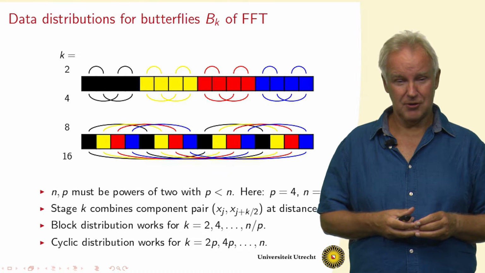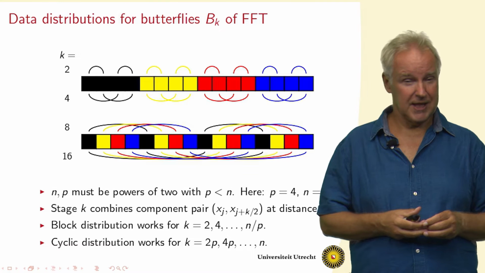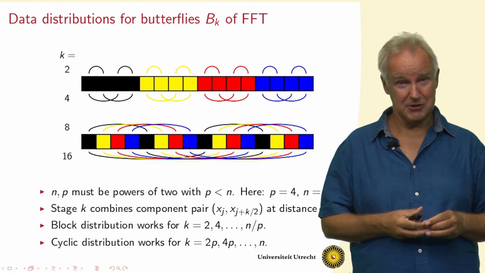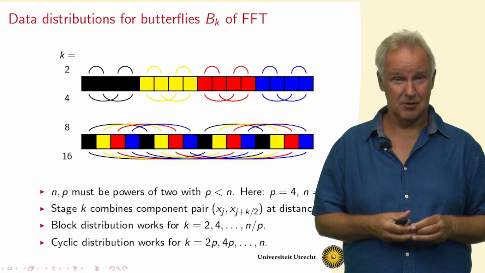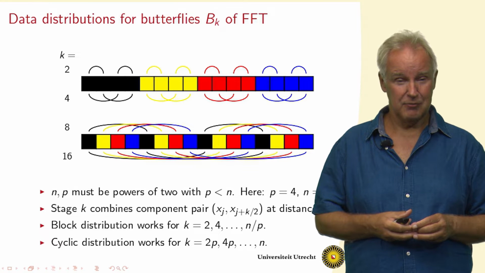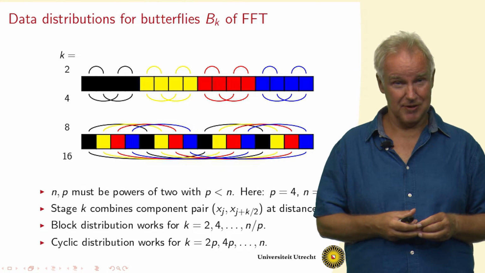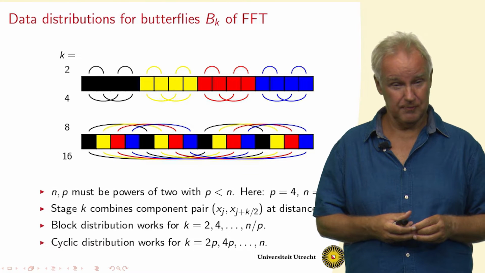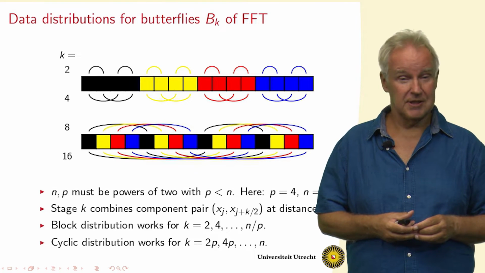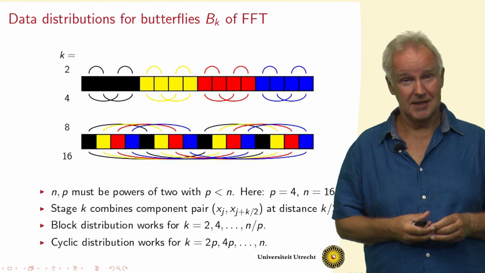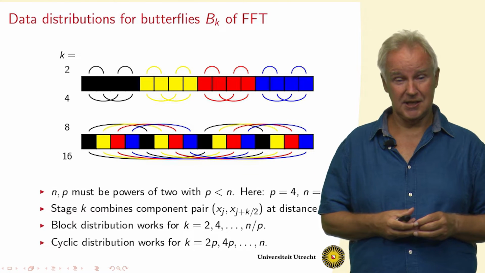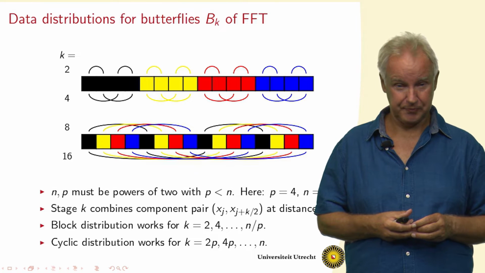For example, on the top, you see for k equals 2, the butterflies combine neighboring components of the vector. For k equals 4, the components that are combined in a butterfly are at distance 2. And in general, for stage k, the distance is k divided by 2.